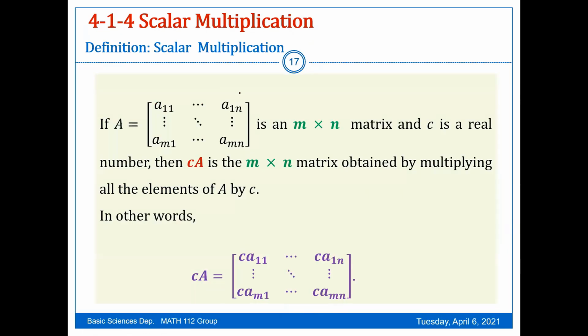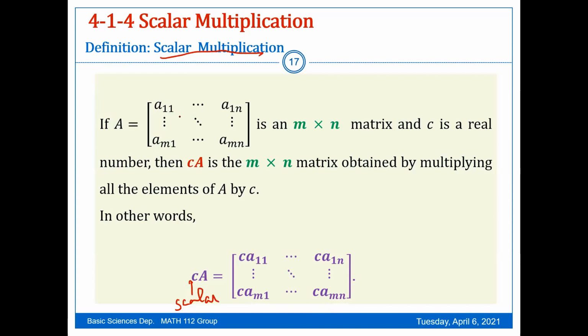Next, as we saw in vectors, here also we have scalar multiplication. We can multiply a matrix by a scalar C. C times A, where C is a scalar number.